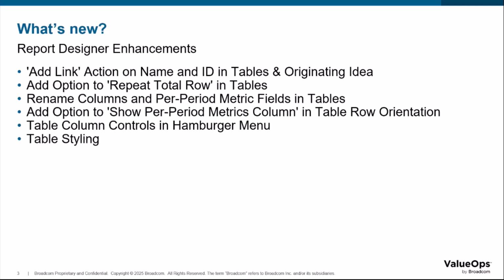We added more column controls in the hamburger menu to enable customizable data presentation and a user-friendly reporting experience. And we also introduced new table styling options to give users greater control over how their data is presented, ensuring reports are not only accurate but also visually clear and easier to read.